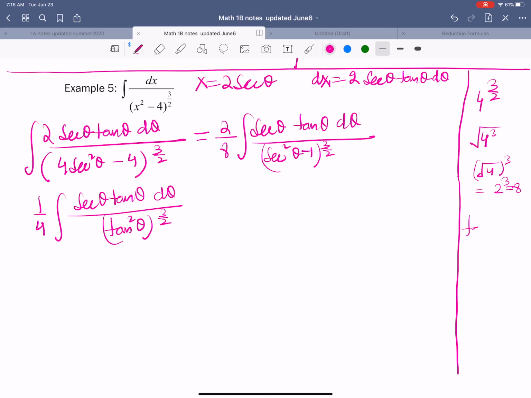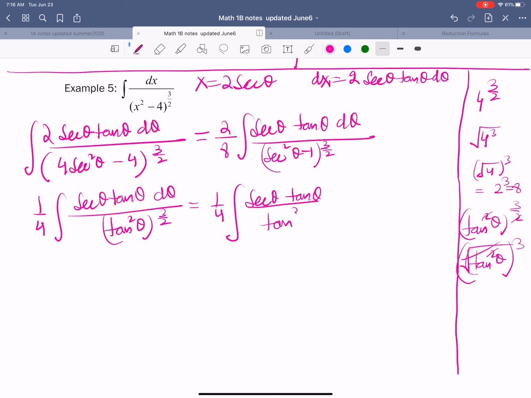And notice tangent squared theta to the power 3/2. This is going to cancel because it's the same thing as tangent squared theta square root to the third power. So square root and square can cancel, and we would be left with tangent to the third power in the denominator.